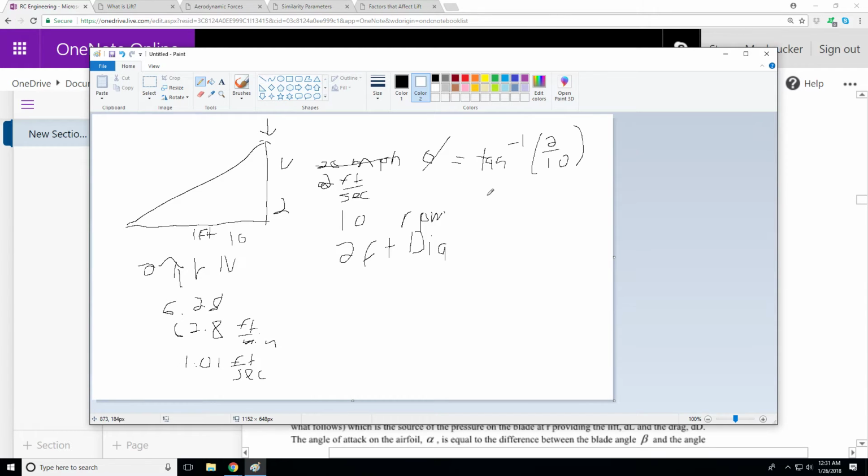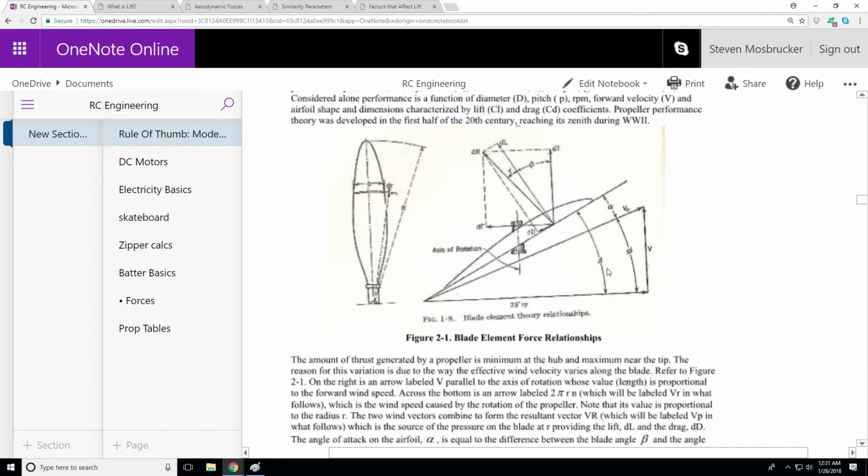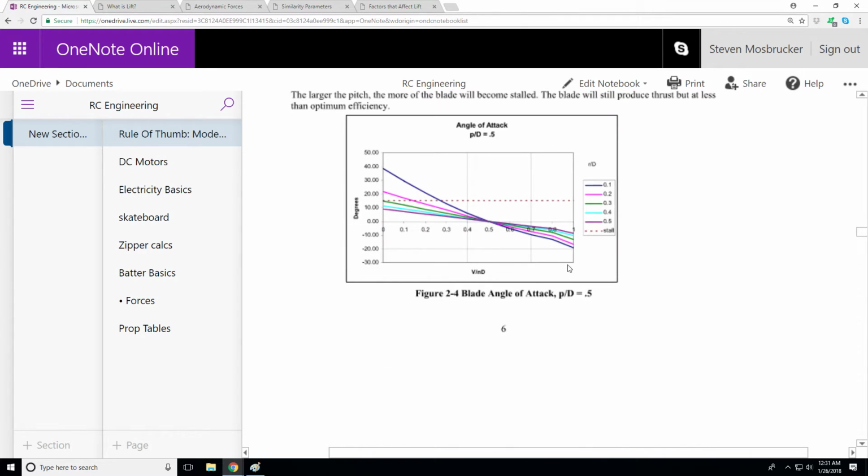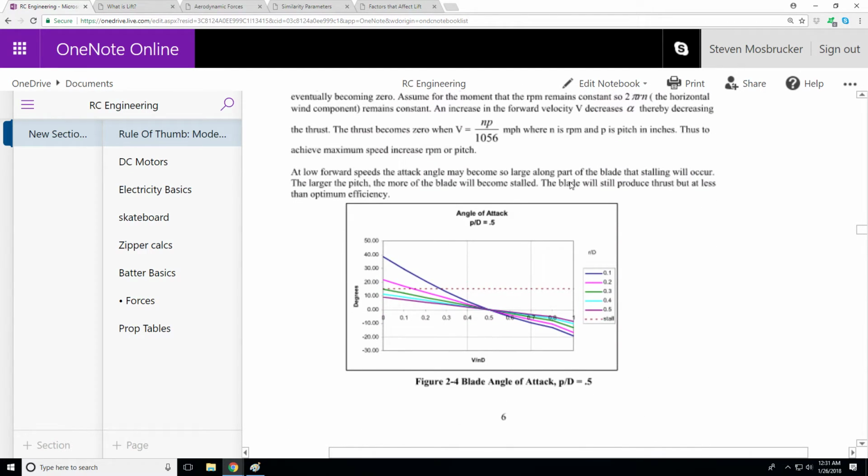And then theta plus alpha, I'm going to do lowercase alpha, is equal to beta, right? Which is your total angle, which is this angle. And then you're going to use this chart right here to figure out the alpha, which you're going to add to theta and get beta, which is your total angle.